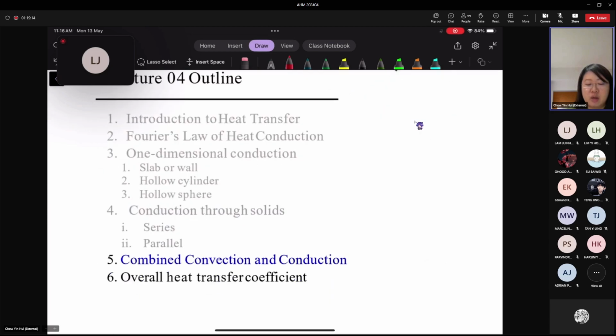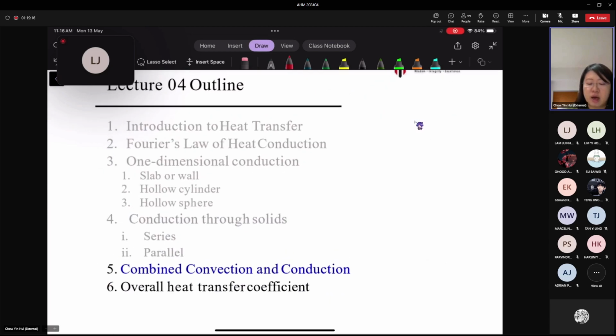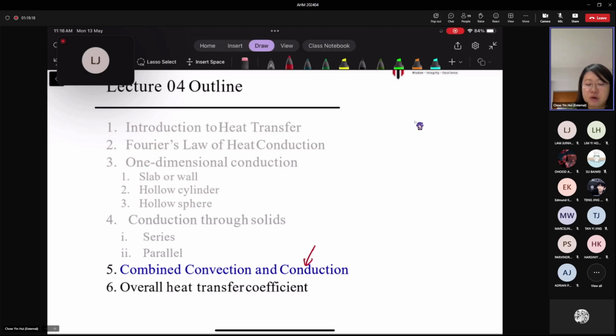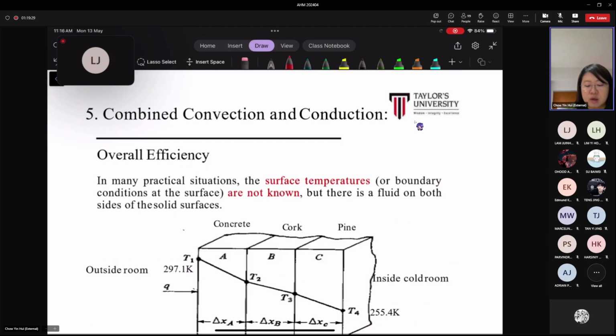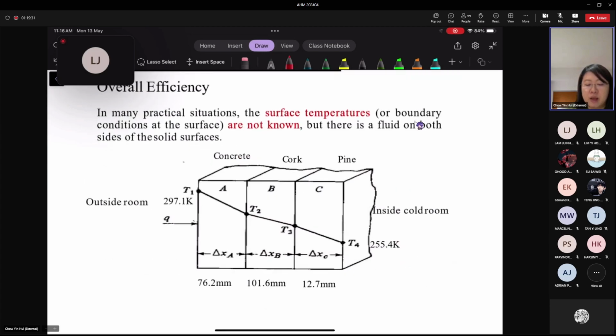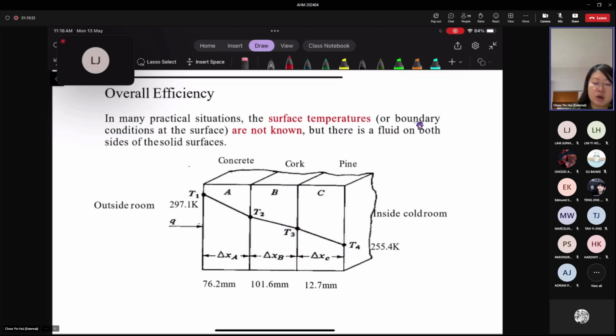So then we're going to look at the last two parts. What if we have combined convection and conduction? How are we going to count the equation, and how are you going to express each of its resistance terms? Now this is an example, which is quite common.